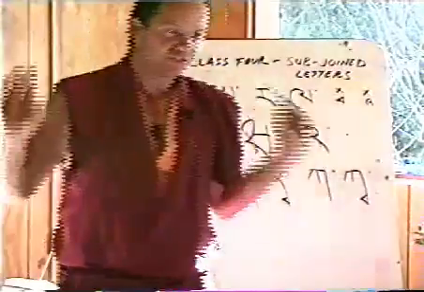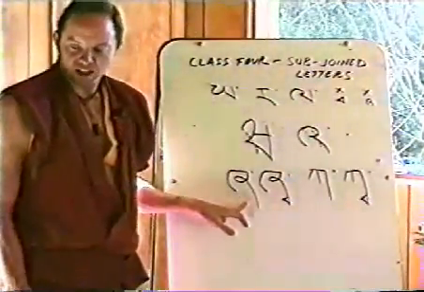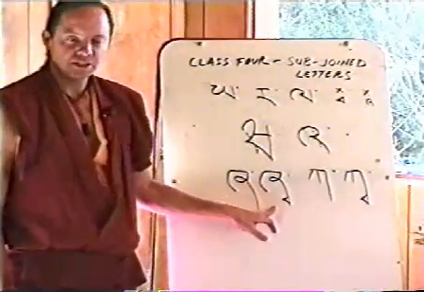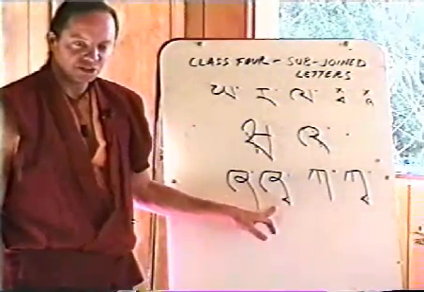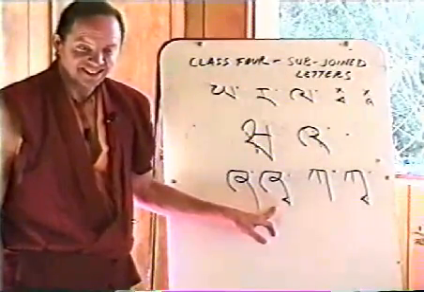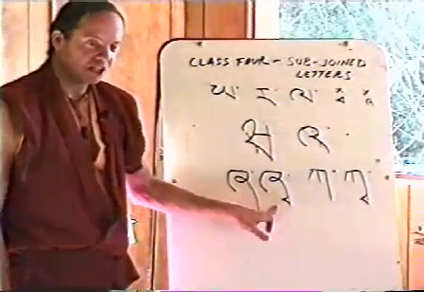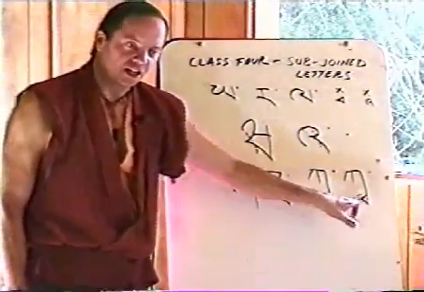Nothing. Nothing. How do you pronounce this one? Sha. How do you pronounce this one? Sha. Okay. Do you say ZHE? No, thank you. That's the transcription. Okay. It's not the pronunciation. Okay. Sha. Sha. Ga. Ga.